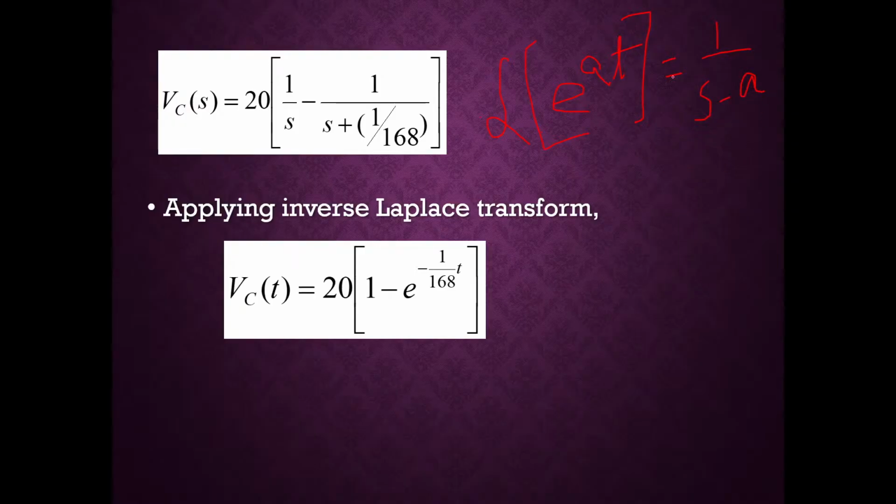So Laplace of e power at is 1 by s minus a. So e power minus at means s plus a. That's it.